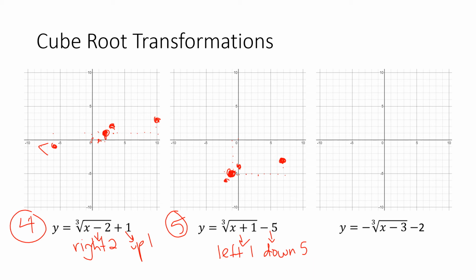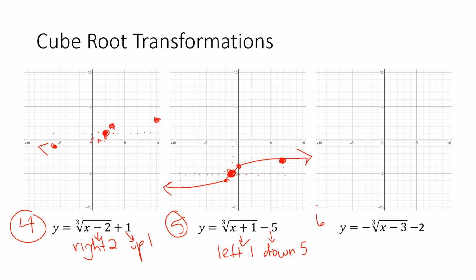And then I'm going to go left 1, 2, 3, 4, 5, 6, 7, 8, down 2, because the cube root of -8 is -2. So left 8, down 2. So we have that same basic shape, it's just starting at a different location. So you're moving that midpoint around is what you're doing.